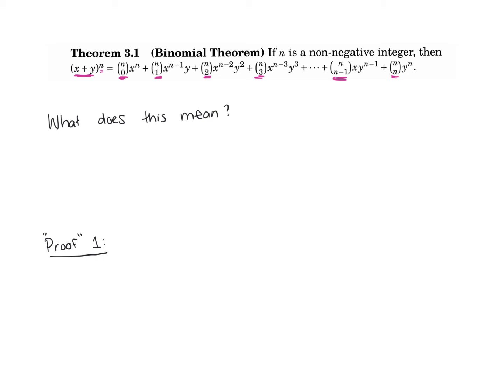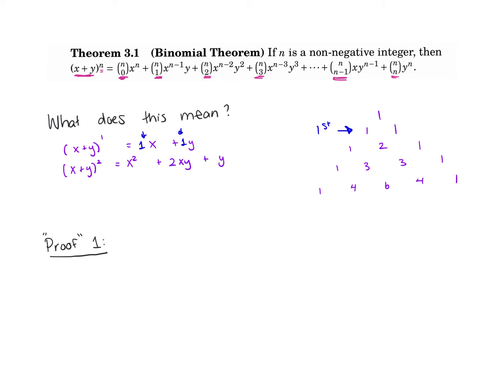So what does this actually mean? Let me draw a little Pascal's triangle over here. If I have x plus y, just to the first power, right, that's x plus y. So the coefficients here are 1 and 1, and that's coming from this first row of my Pascal's triangle. If I have (x plus y) squared, we know that's equal to x squared plus 2xy plus y squared.